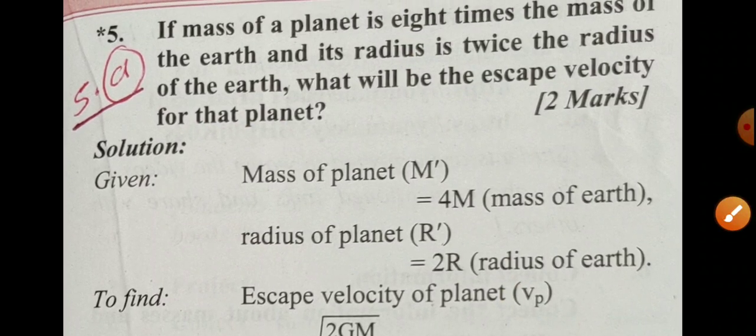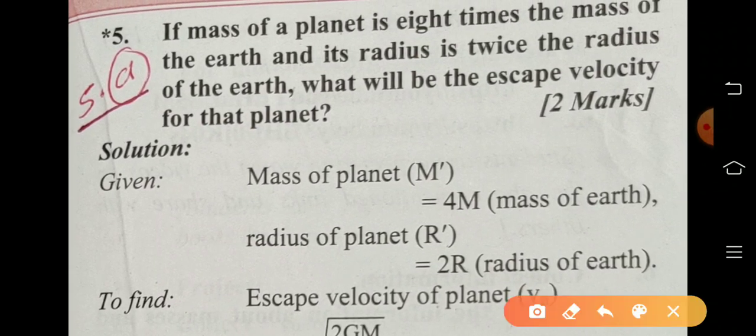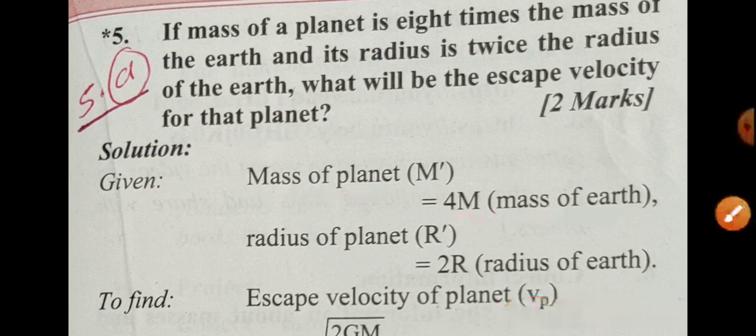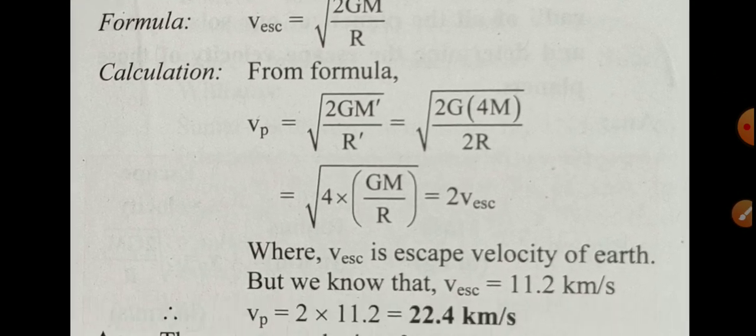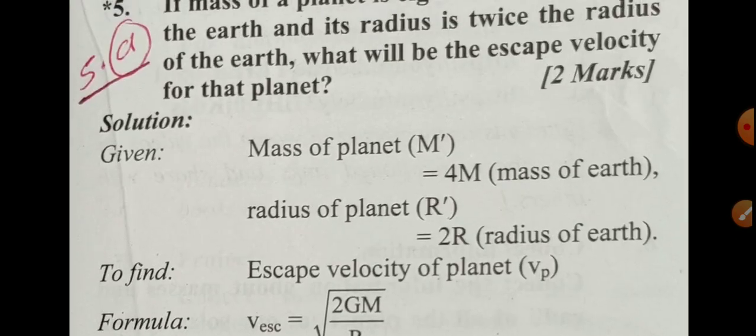So we are writing the given. See, mass of planet indicated as m dash is equal to given. What is the related to mass? Here 4 multiplied by mass of Earth. Okay, see, in the question, I think by mistake, 4 times we require that.